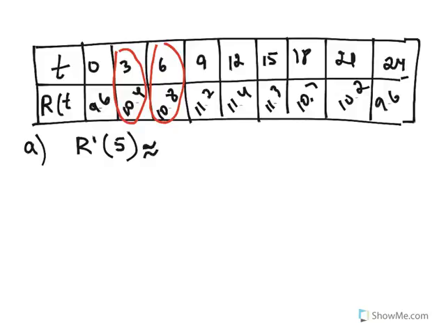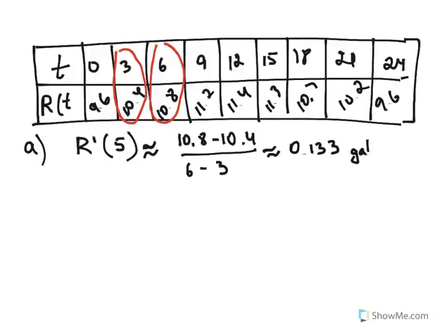Okay, so we're going to do y2 minus y1. So I'm going to do 10.8 minus 10.4 over 6 minus 3, and on the calculator I get 0.133.